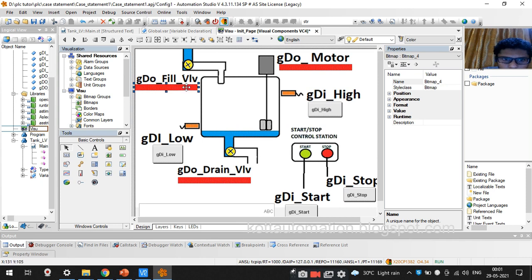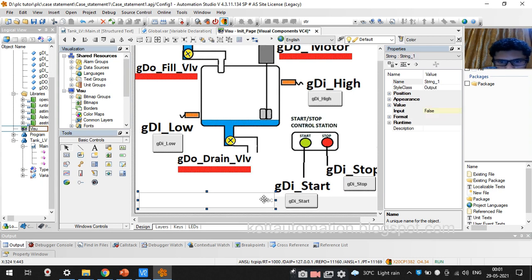And this red color will indicate the status of the outputs. And over here, we will get to know which is the current statement which is executing. So let us download this.